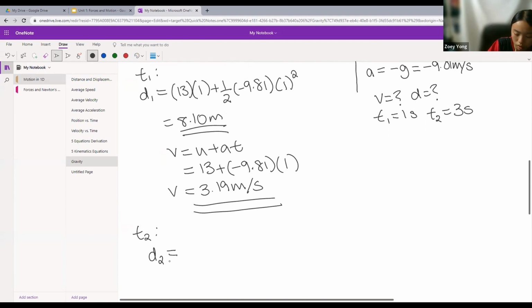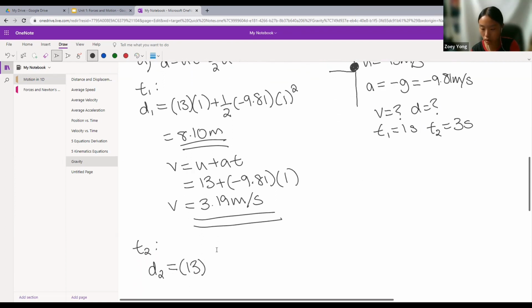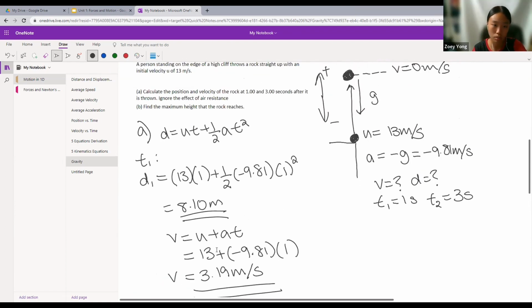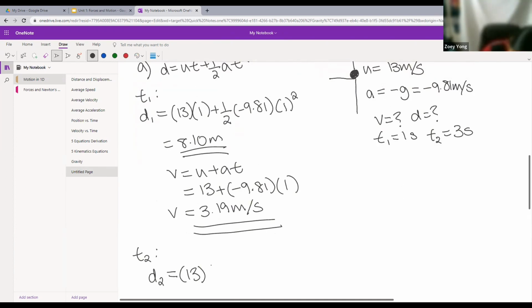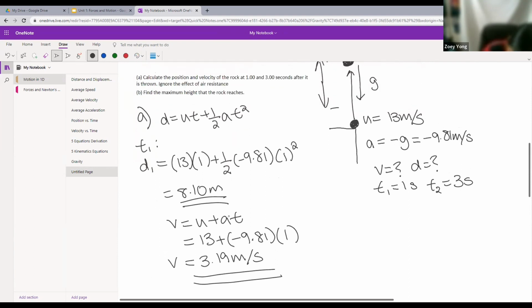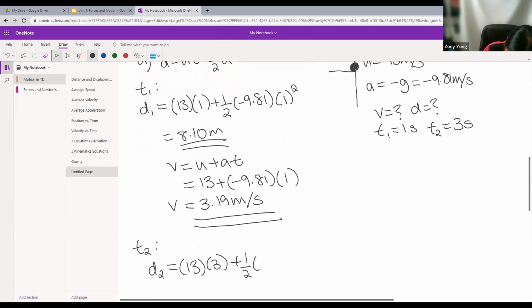The distance that the rock will travel after 3 seconds is going to be 13 times the time, which is 3 seconds, plus half times negative 9.81 times the time t, which is 3 squared.